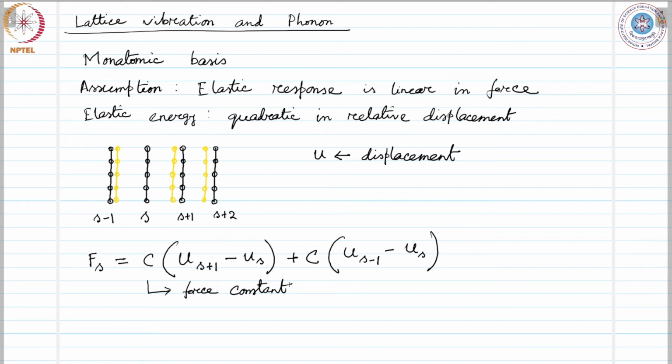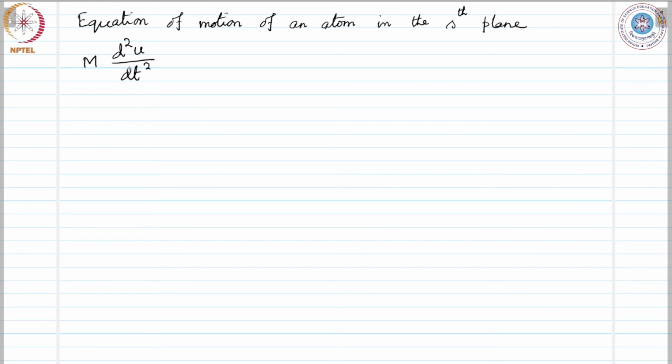Now, if we want to write down the equation of motion of an atom in the Sth plane, then we can write it as M d2u/dt2 equals C times (U_{S+1} plus U_{S-1} minus twice U_S).